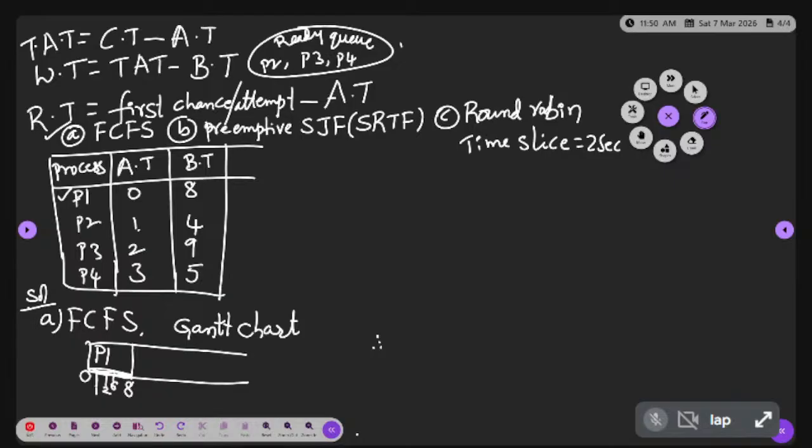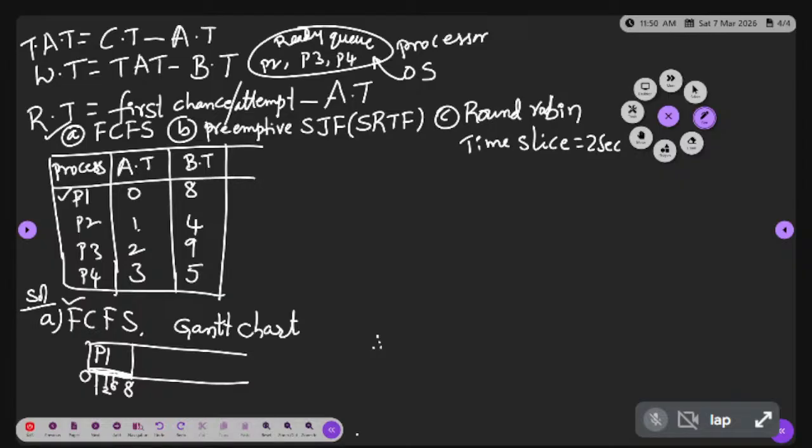Here the processor, the OS, will check: the processor is free, is there any other work? Then in the ready queue, P2, P3, P4, 3 processes, 3 jobs are there. Then the OS will again have a dilemma: to whom should it give execution first? Here we blindly follow FCFS. So the arrival time also exists.